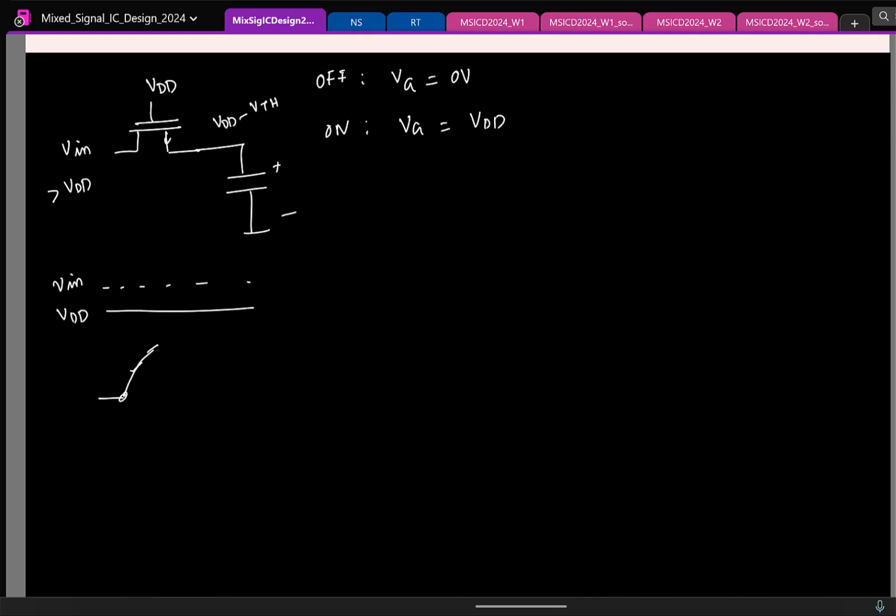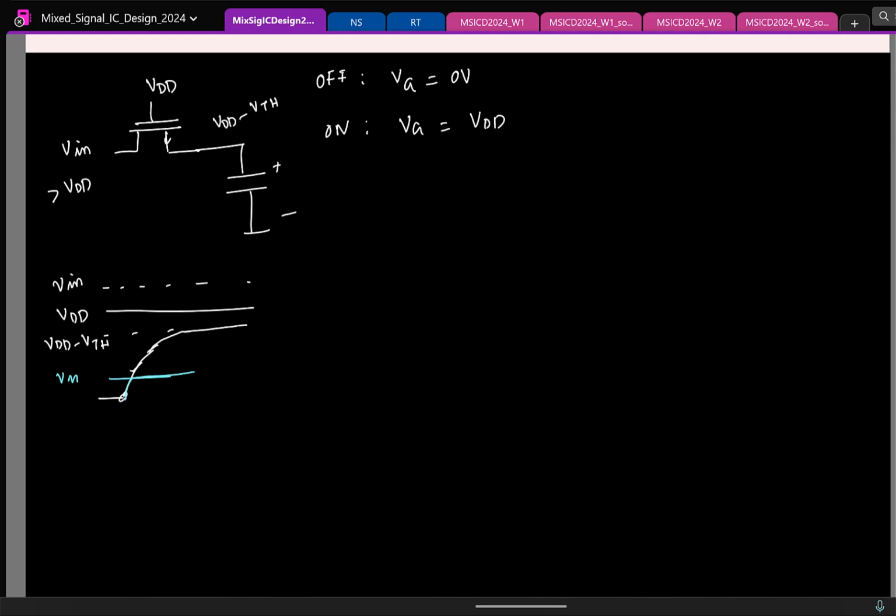What is the minimum current you can have? 0, and that will happen for what value of VGS? VTH. So this will reach what value? This happens if the input is really large, but let's say my input here is only this much. So it will rise here and nicely settle.